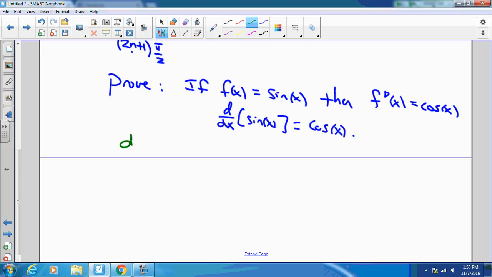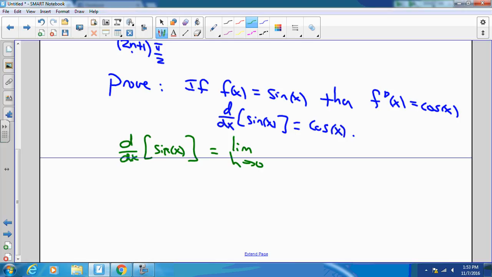And we're going to prove it, no matter how you state it, by taking the left-hand side, or the if part, and getting it to look like the right-hand side. Which means we're going to need to find a derivative for sin x, and because we don't already have a derivative rule for sin x, the only choice that we have is the limit definition.